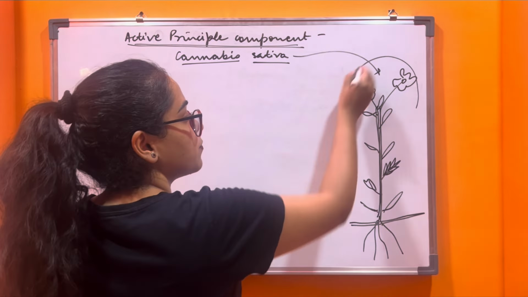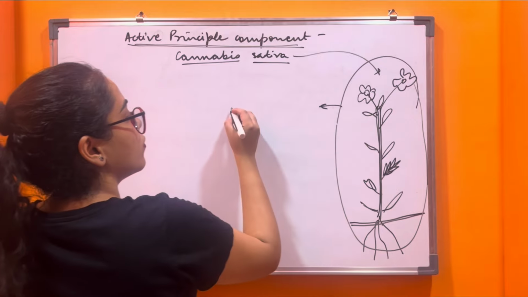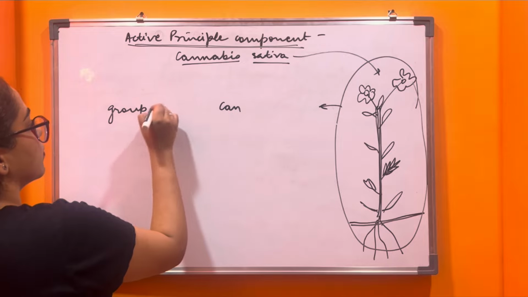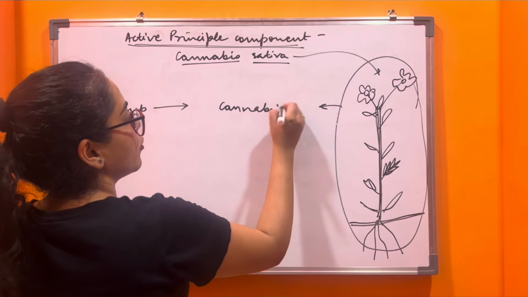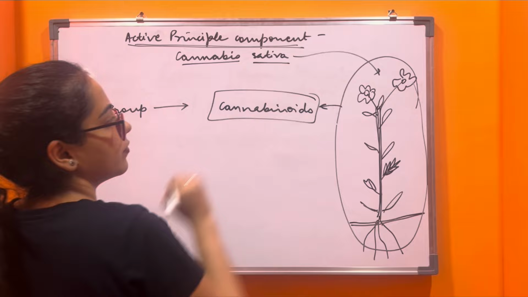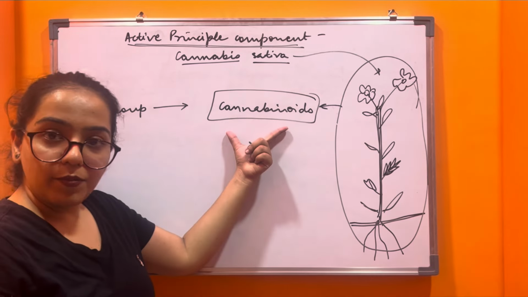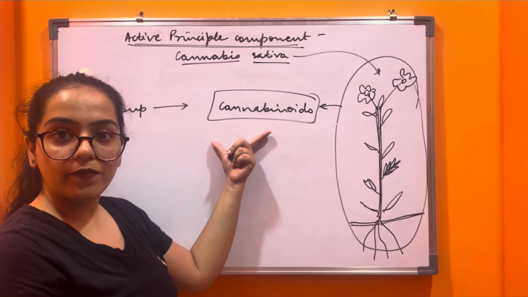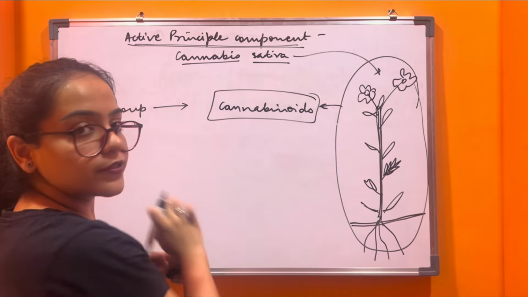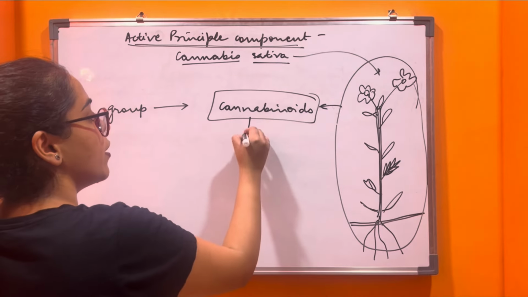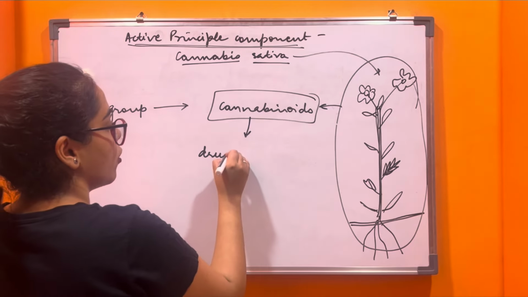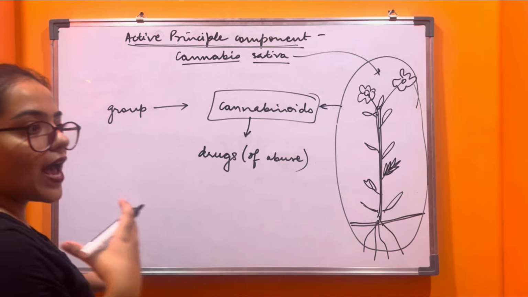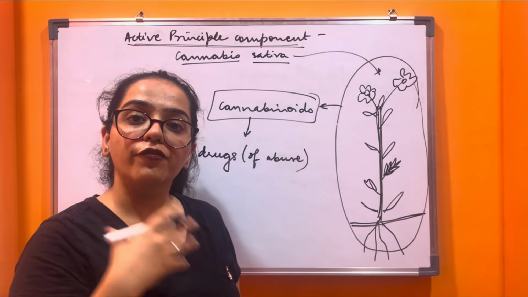From this plant there is actually a group of chemicals which are called cannabinoids. These cannabinoids are a group of chemicals which are extracted from the plant of Cannabis sativa, and in this group of cannabinoids we have some drugs, or I would call them drugs of abuse, which act on different parts of our body.